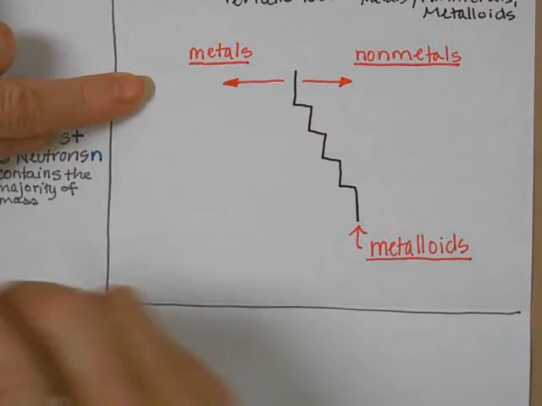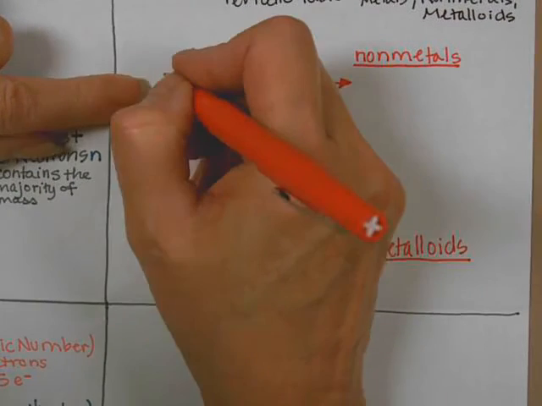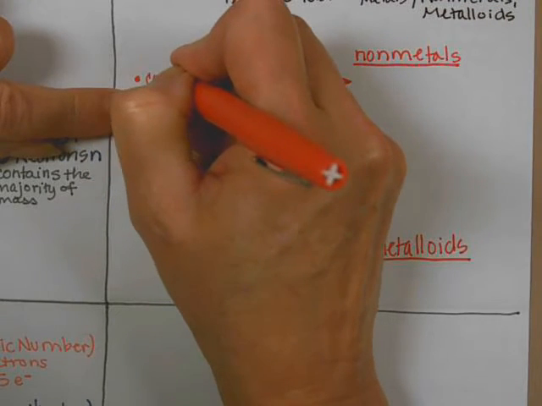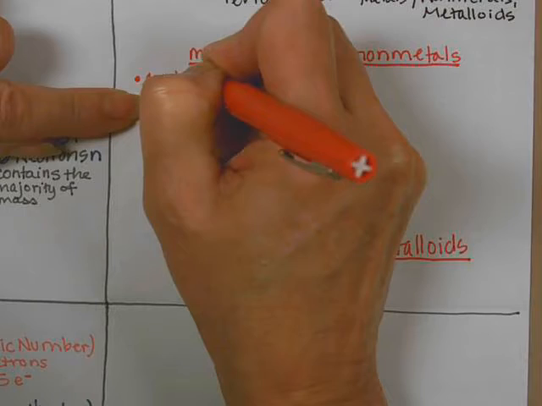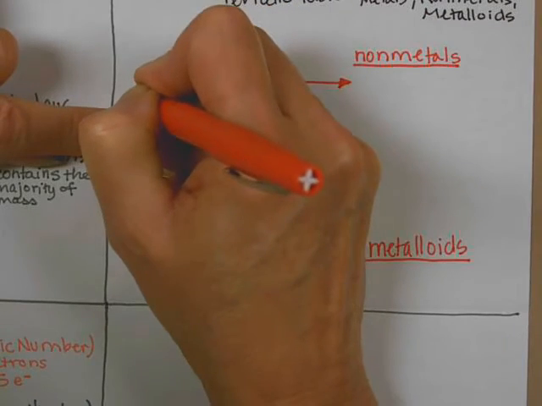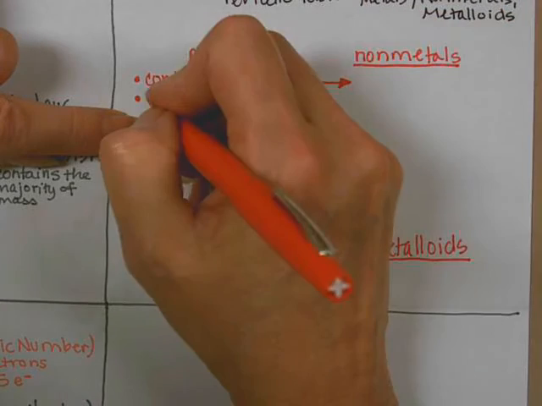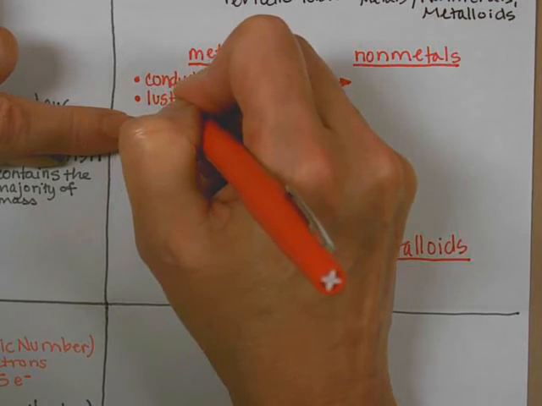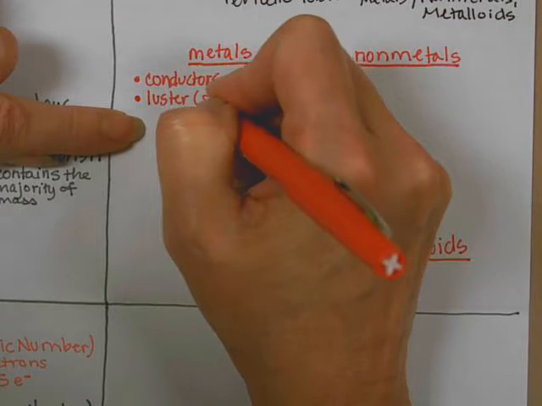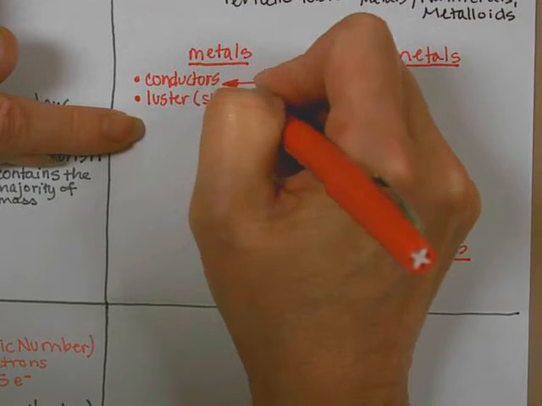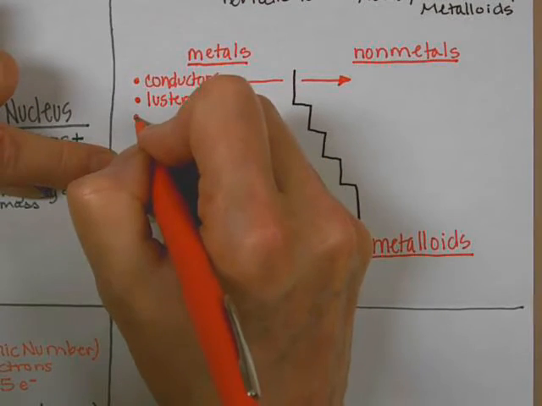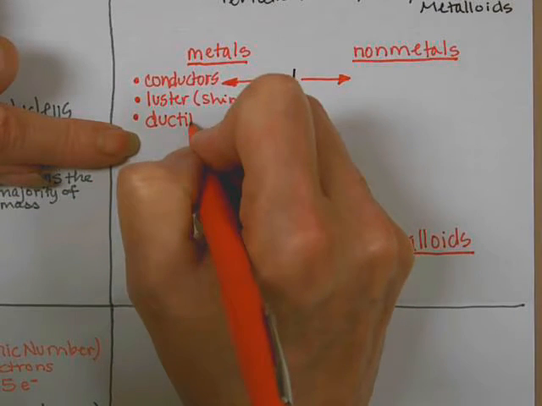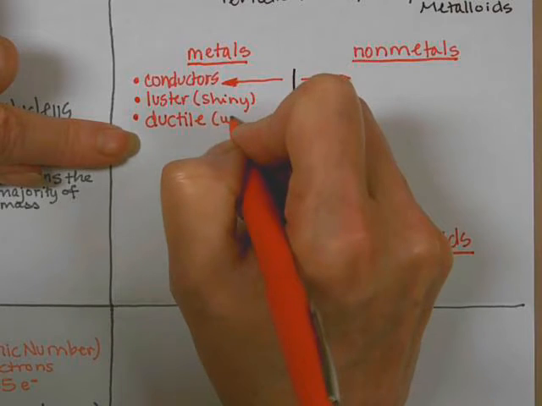So what are the main characteristics of the metals? Metals are conductors. They are very shiny, or they have luster. Remember, metals can be pulled into wires, and we call that ductile, or they have ductility.